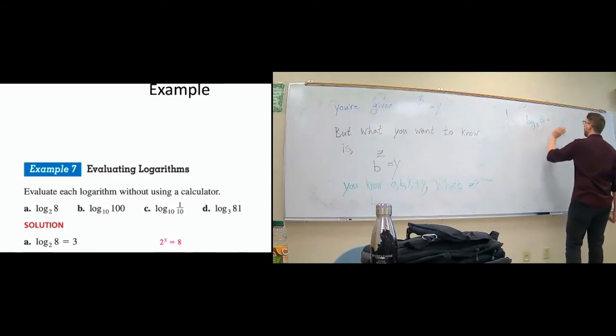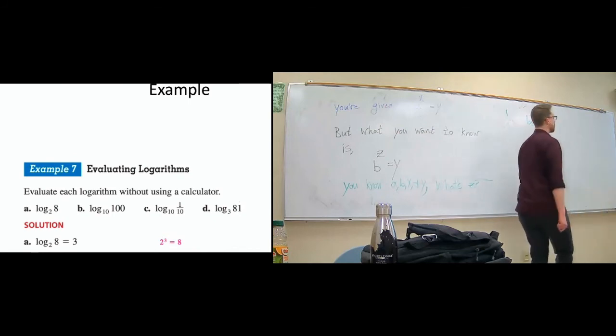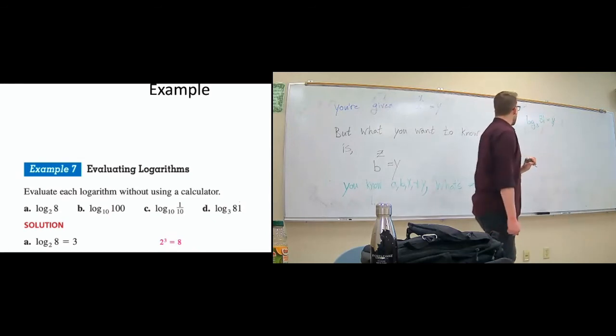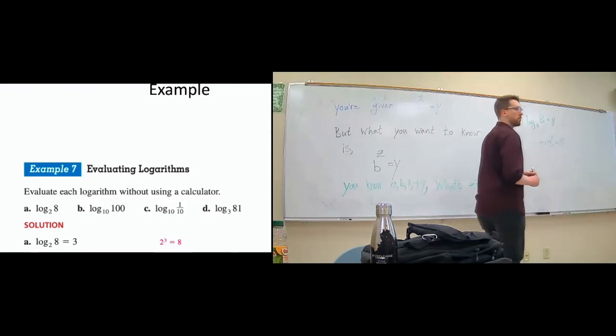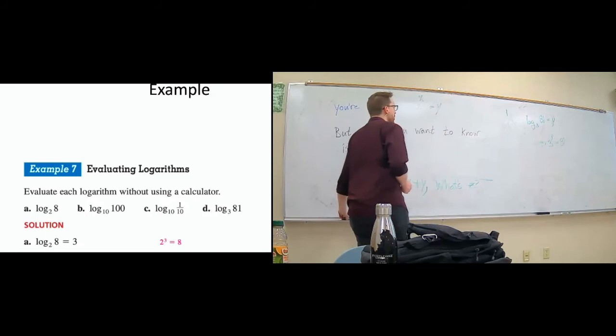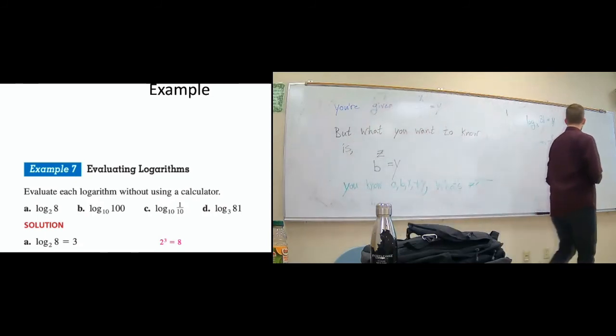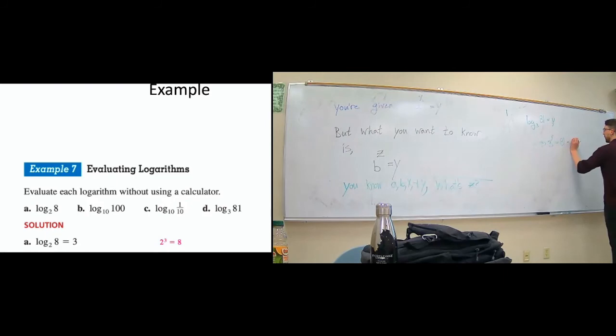We're going to say that this is, for right now, equal to y. What this is telling us is that 3 raised to the y's power is equal to 81. Well, we happen to know some things about 81. 81 is equal to 9 times 9, right? We can rewrite 9 as 3 squared. So this is 3 squared times 3 squared.